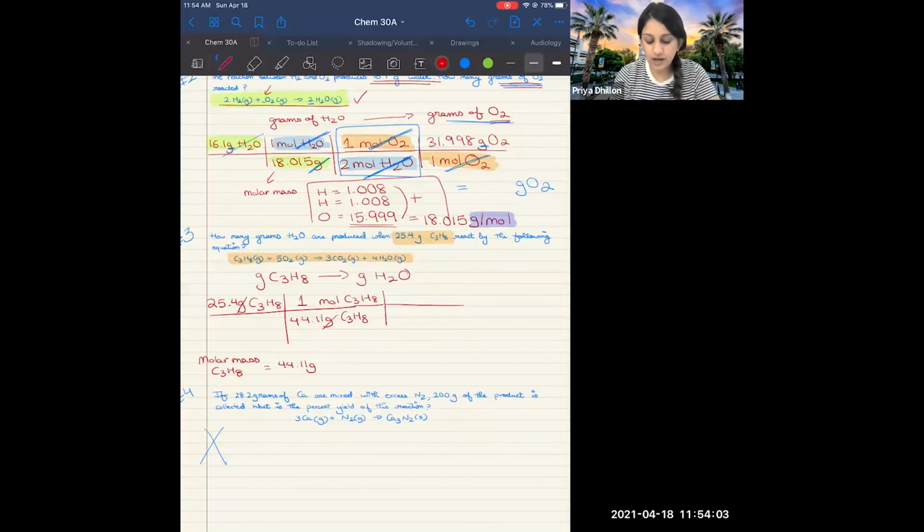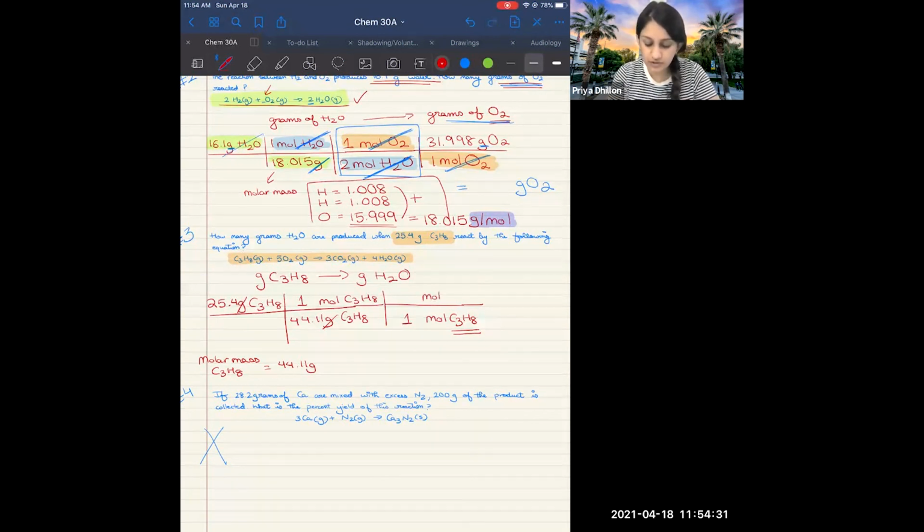So on the bottom, how many moles of C3H8 am I going to put from the balanced equation? So find C3H8 and tell me what the coefficient is. 1. Good job.